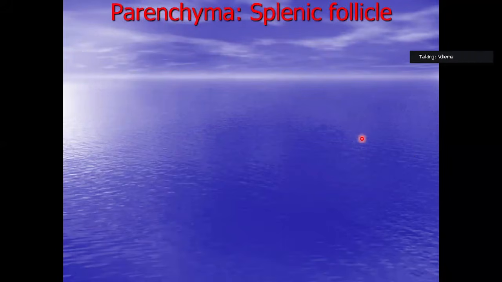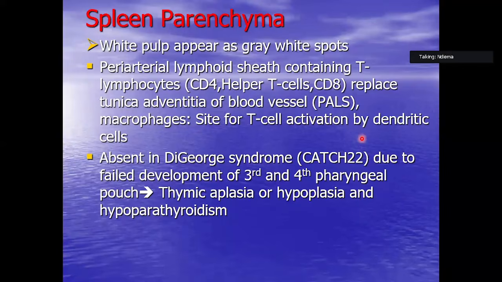Because the thymus has a problem, we therefore have the periarterial lymphoid sheath lacking in the spleen. That's why we are relating the absence of the thymus to the spleen in terms of the periarterial lymphoid sheath comprised of T lymphocytes. If there is an absent thymus, then that area of the periarterial lymphoid sheath will be lacking.